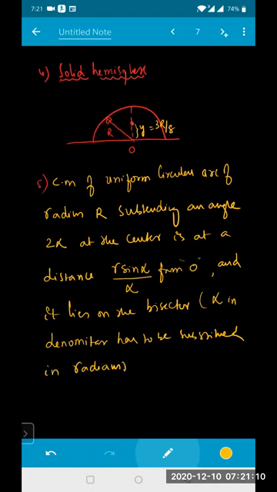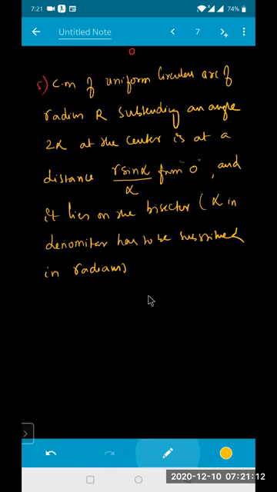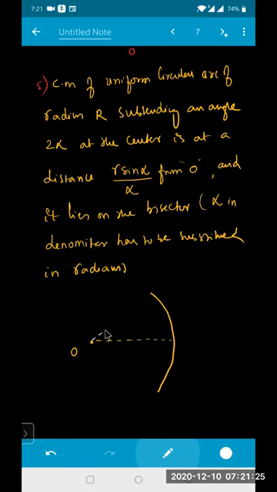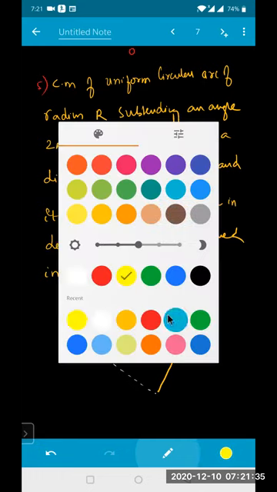So what will the diagram be like? Suppose this is your arc, and this is your origin, the center. This is the radius. This one is alpha, this one is alpha. So where is the center of mass?